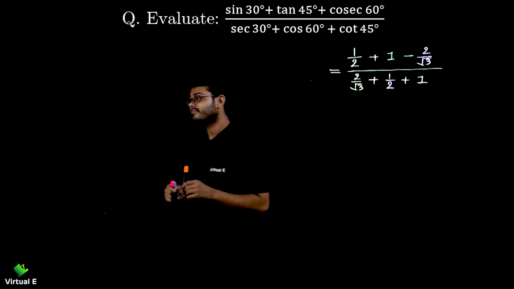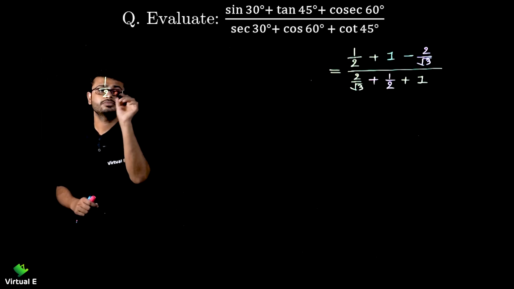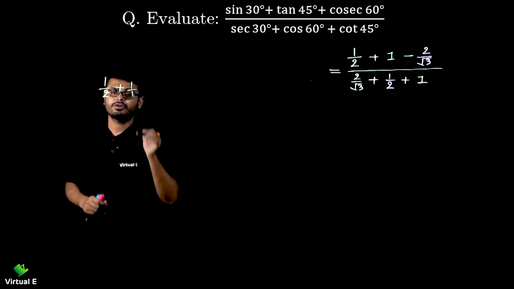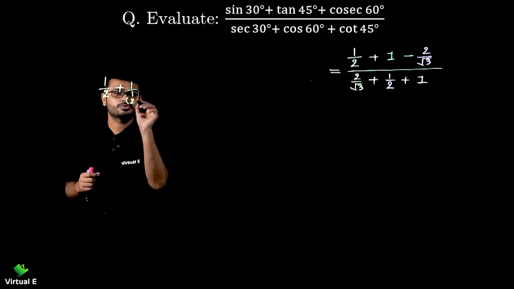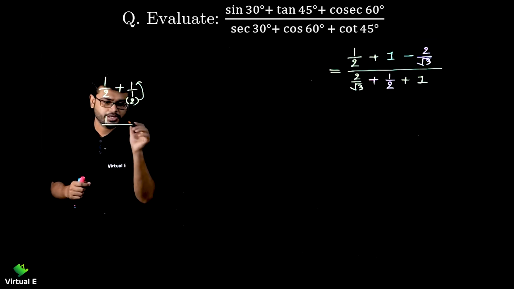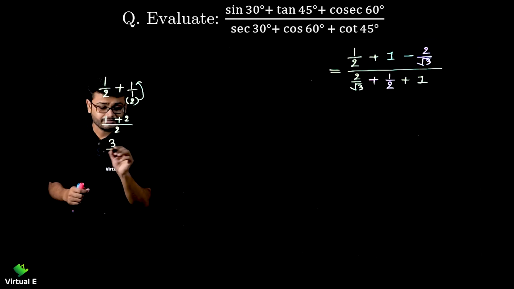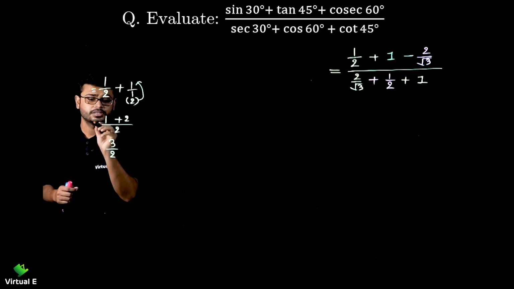So let's simplify that first. So what shall I get if I add 1 by 2 plus 1? You can see 1 over 1 we can write. Then 2 as LCM. So 2 multiply over here. So 1, and here 2 ones are 2 and 2 in denominator. That will give you 3 by 2. Simple.